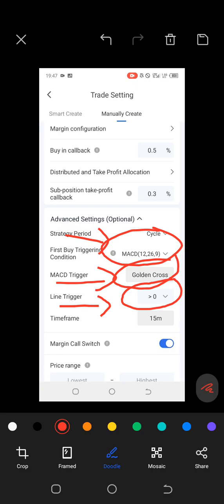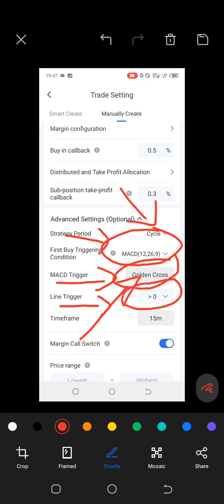But first, just have the basics. I'm just going to give the basic knowledge about these conditions or these indicators, the buy triggering conditions that you are going to use here. This feature is on both the spot aspect of Royal Q and the futures aspect of Royal Q. You have the MACD 12, 26, 9, and then we have the golden cross.